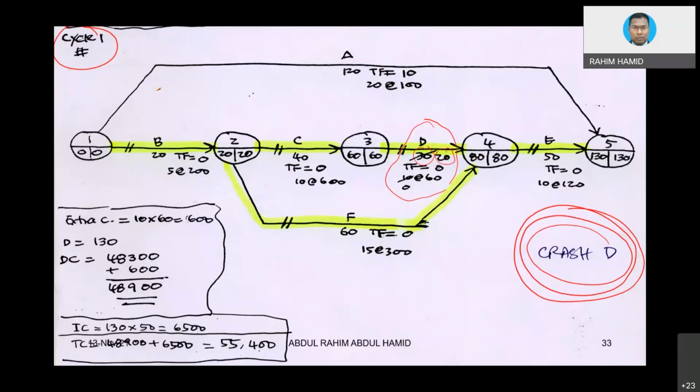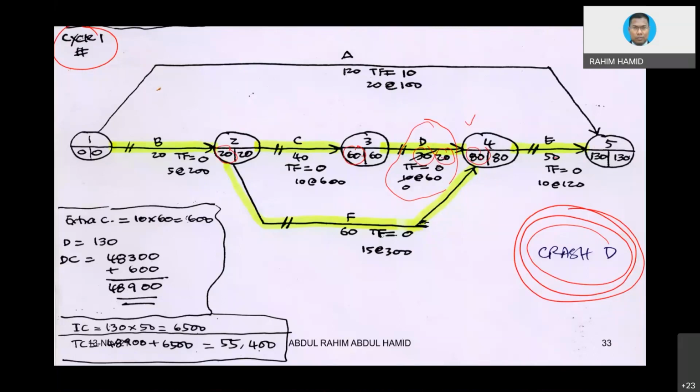60 plus 20 equal to 80. Then look at the one below, F. F would be 20 plus 60, which is 80. Okay, should be fine. Then go straight to E: 80 plus 50 equals 130. But look at the A at the top, whether it's going to be affected or not.